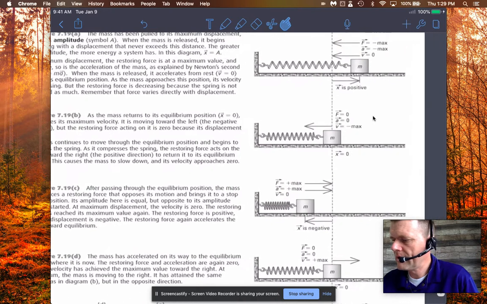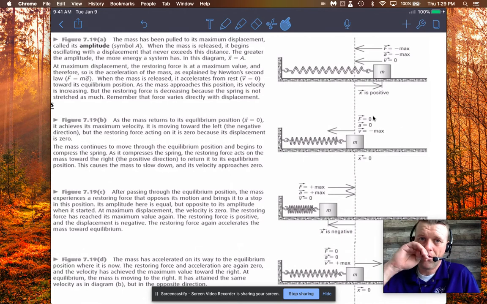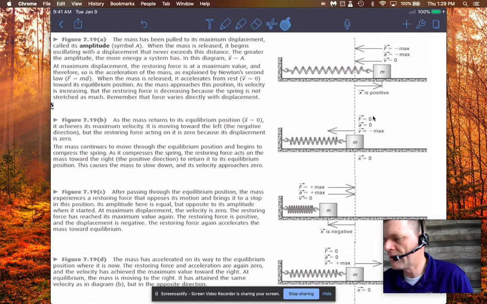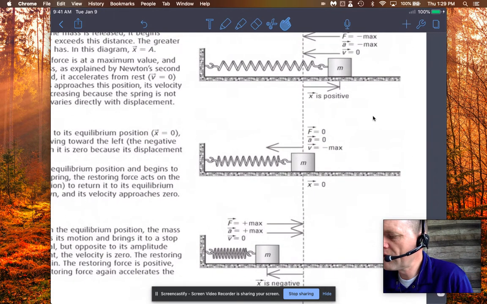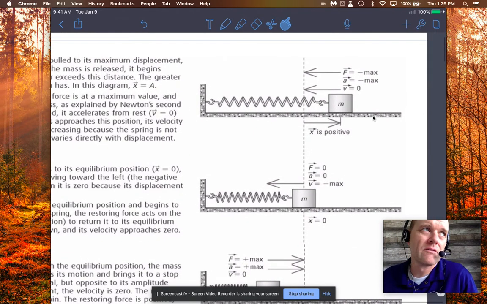If we have a horizontal mass spring system, when we set these up, they're always frictionless, so there's no friction. I just want you to notice how the restoring force, the velocity, and the acceleration, all three of those, change throughout the movement.